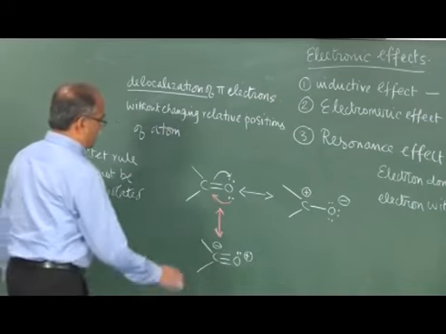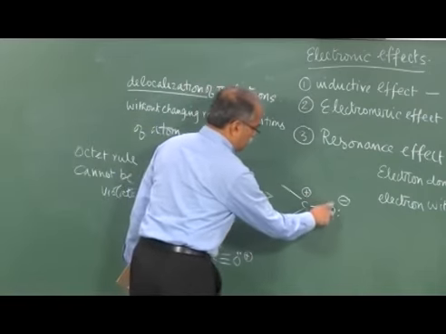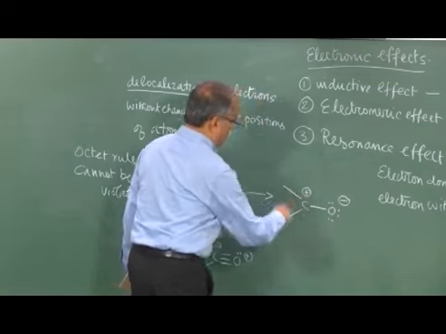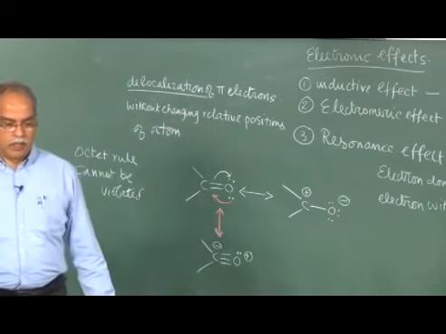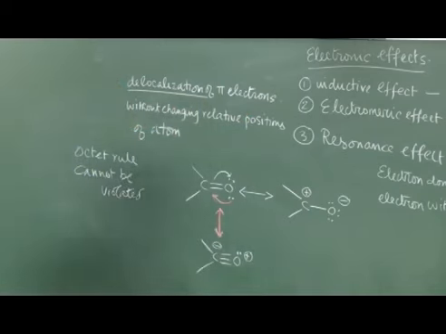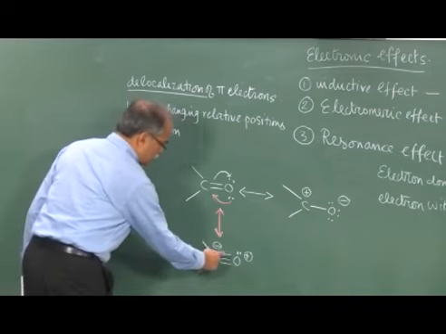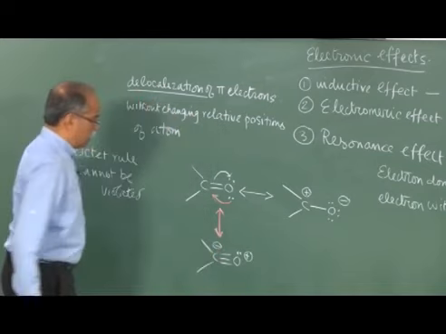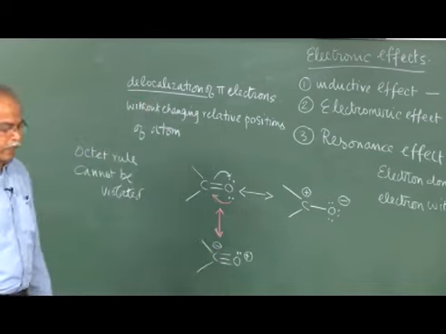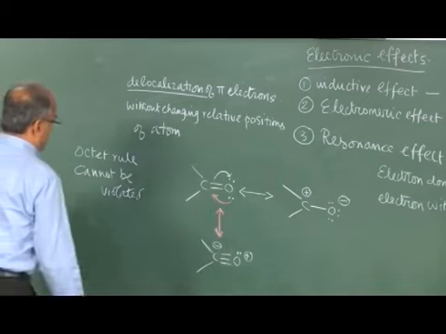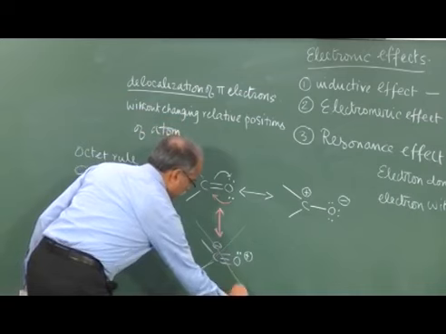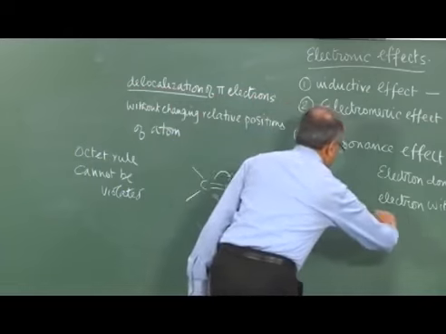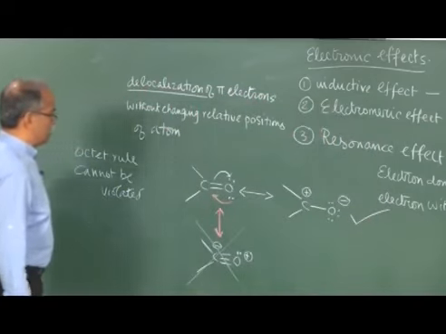In doing so, you are also not violating any kind of an octet rule. This is octet, all right. This is sextet, but with a carbonium ion, so it is all right. So, one cannot violate the octet rule, but if you look at this particular structure, the carbon has 10 electrons around it if you look at the Lewis structure of the carbon itself, and it bears a negative charge also. So, this is not a valid structure at all for the resonance structure, and this is the only valid resonance structure for the carbonyl functional group.